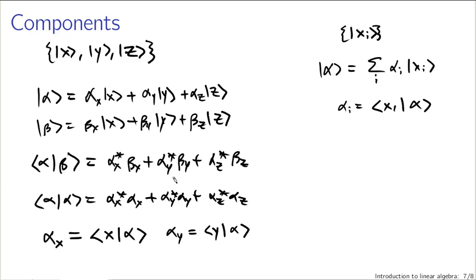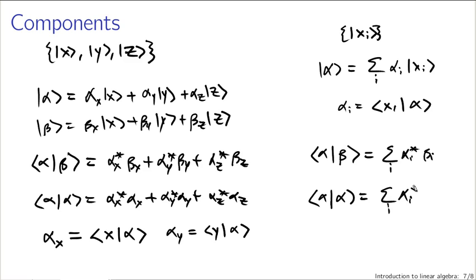And you can write out expressions for alpha inner product with beta. That's a sum over i of alpha sub i star beta sub i. The inner product of vector alpha with itself is the sum over i of alpha sub i star alpha sub i. Total sum of all of the squared moduli of all of the components of alpha expressed in this basis.